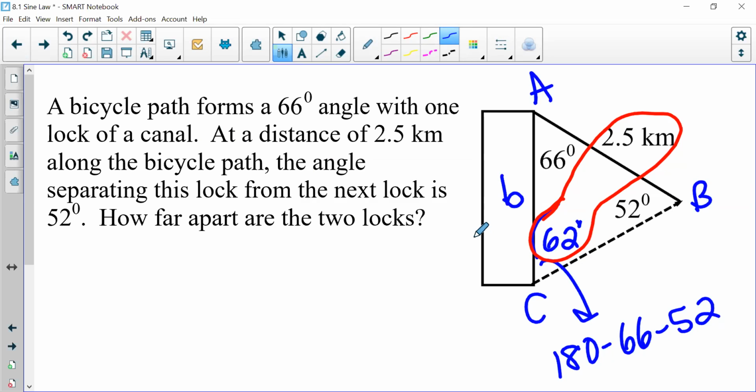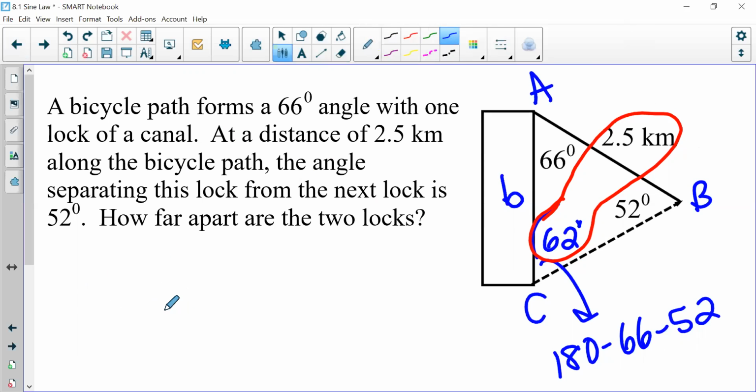You're going to need to put the sine thing. What's the formula going to look like? It's going to be sine 62. You want sides in the top though, because I'm solving for a side.